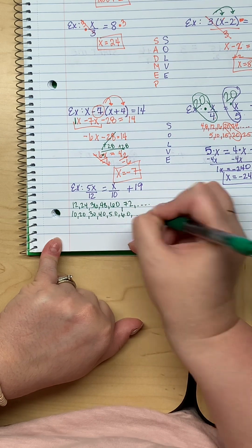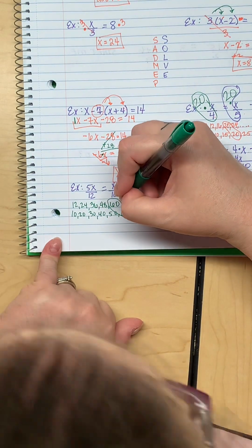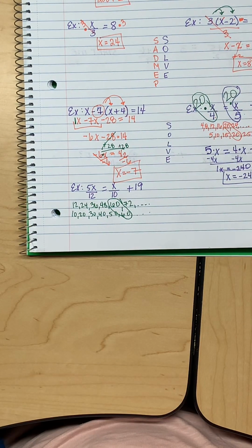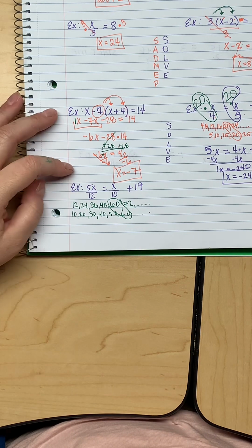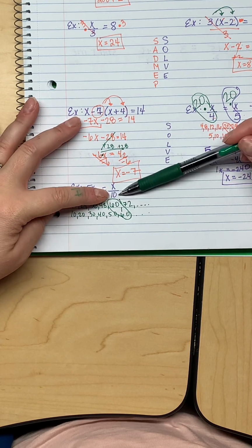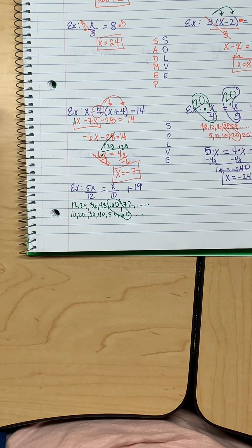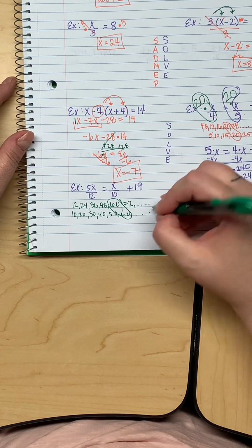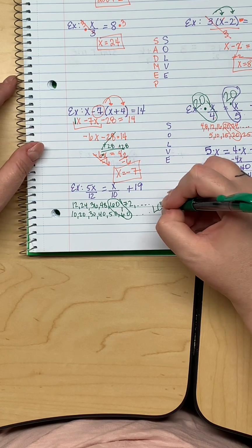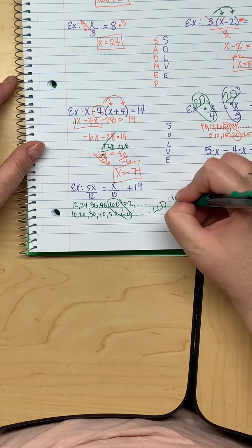I found it. It's 60. So if we're desperate, we could have said 12 times 10 is 120, and we could have put a 120 on all these tops, but that wouldn't be the lowest common denominator. So my LCD is 60.